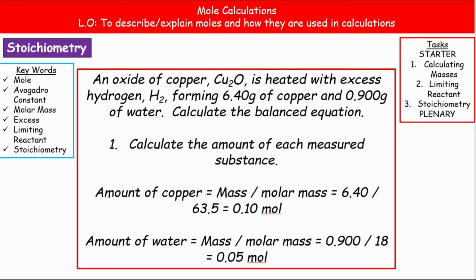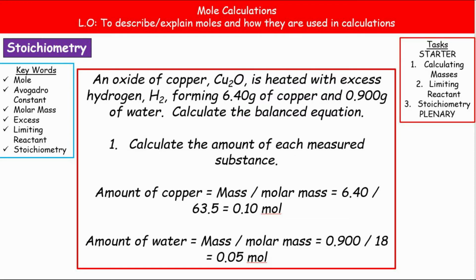So the first thing we need to do is calculate the amount of each of those measured substances, i.e. the ones we've got masses for. In this case we've got 6.40 grams of copper and 0.900 grams of water. They're the two measured substances. So we work out the amount of copper by doing the mass divided by the molar mass.